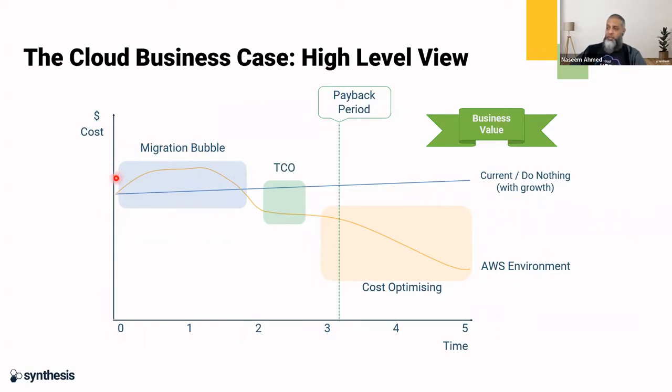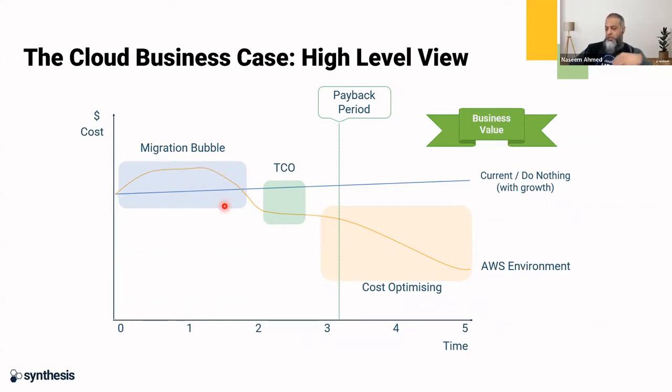During this phase, costs typically spike, because you are now running double infrastructure. Your current data center is sitting here on the blue line, and that's going to cost you. If you do nothing and stay where you are, that is what you're expected to pay over the next period of time. Moving to the cloud, initially, you're going to start incurring costs.